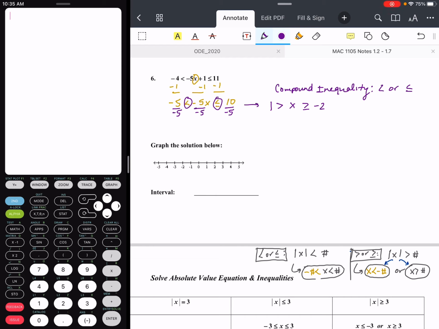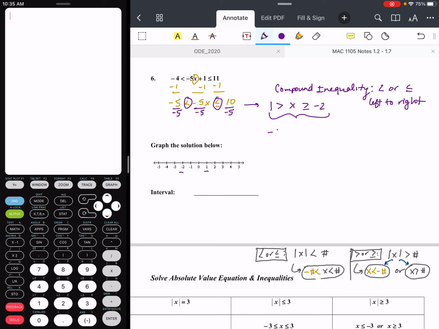And the reason for that is so that we can read the inequality from left to right. So if you think of our number line, here's 1, here's -2. Right now our compound inequality is leading from right to left. We want to flip this around so that we can read it from left to right and use less than or equal to inequalities. So I'm going to flip this whole thing around.